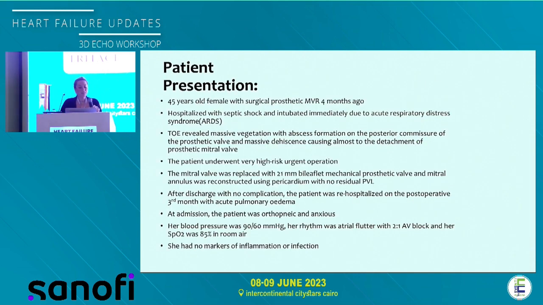This young lady had a mitral valve replacement 4 months ago, but unfortunately she had infective endocarditis and had her second operation after antibiotic therapy.